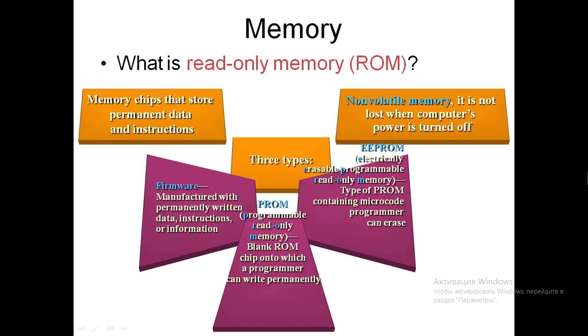Firmware is manufactured with permanently written data, instructions, or information. Programmable read-only memory is a blank chip onto which a programmer can write permanently. And electrically erasable programmable read-only memory is a type of memory containing microcode that a programmer can erase.